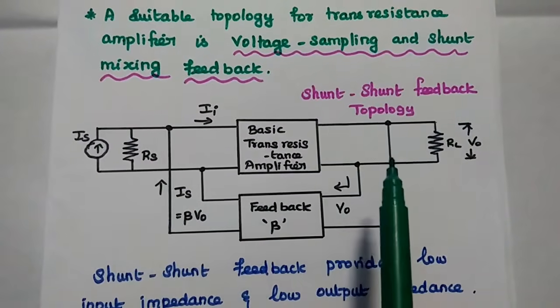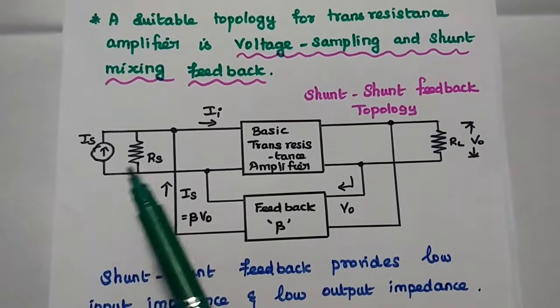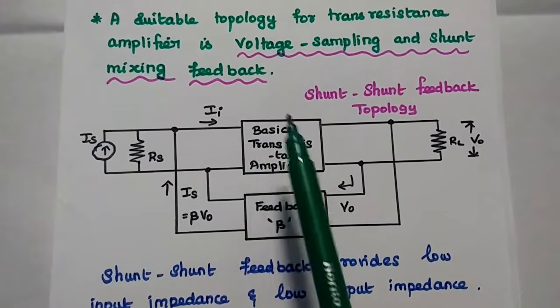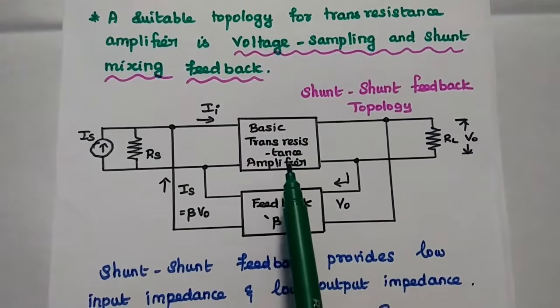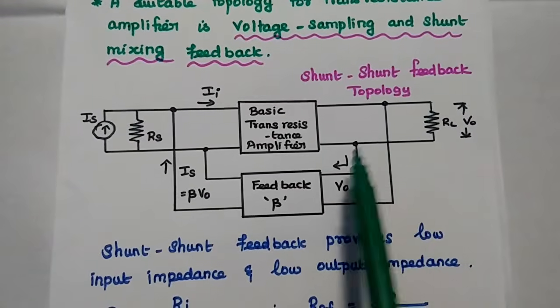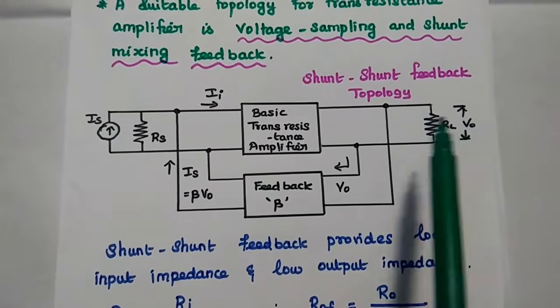So here this is the shunt feedback topology. Norton circuit IS in parallel with RS. Then we give the input current Ii to this basic transresistance amplifier. Then we have the load resistance. We are going to sample the voltage signal because the output is a voltage signal here.